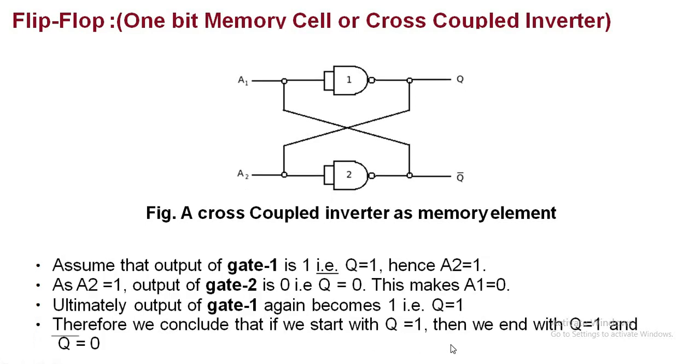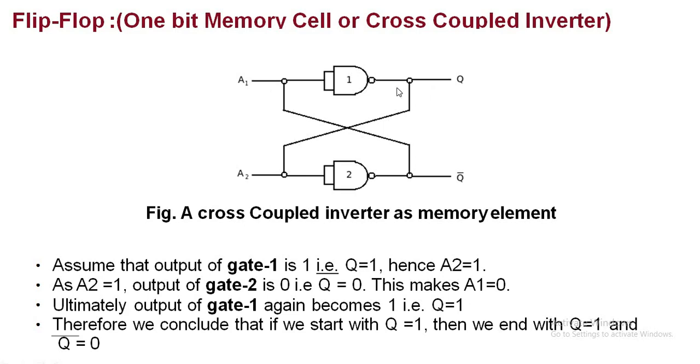Now we will see the working. Assume that output of gate 1 is 1. Hence, A2 is also 1. So, as A2 is 1, output of NAND gate 2 is 0. Then A1 is 0.